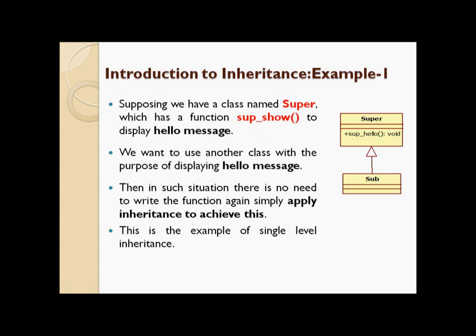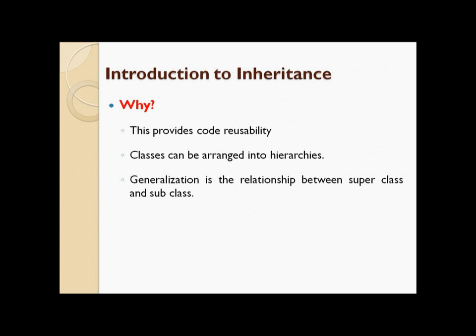So it helps in acquiring the features of another class without writing the code. So using this point, we can justify that the concept of inheritance supports code reusability. Without writing the code again and again, we can reuse the code if we are using inheritance.